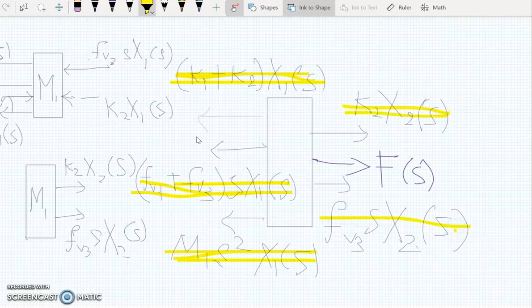This one is due to x2, x2, x2, x1, x1, x1, and this one is the input.